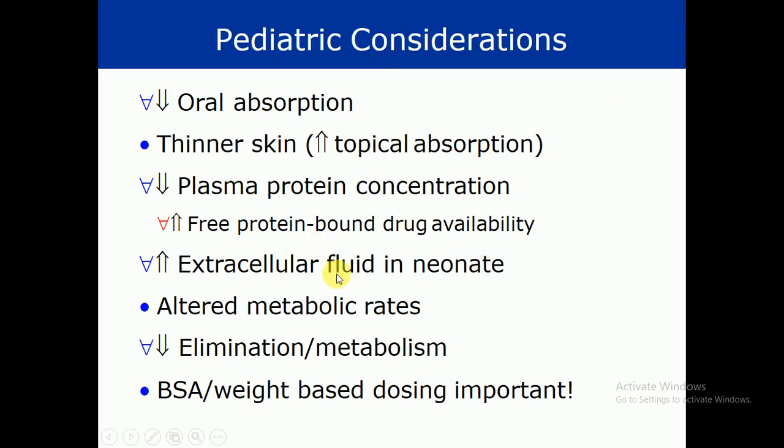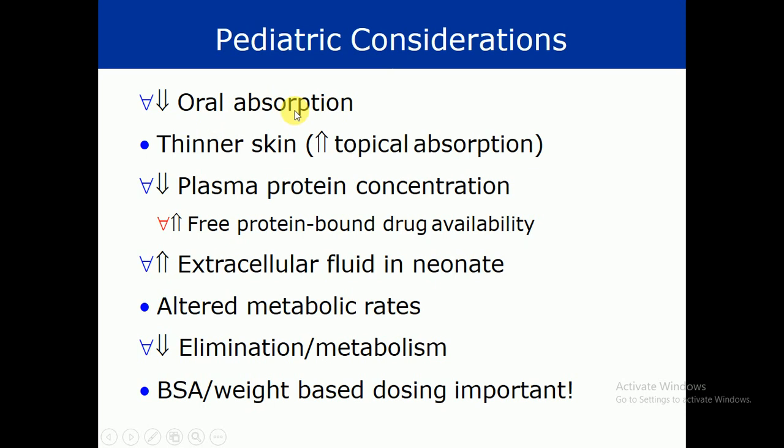These are the pediatric considerations: oral absorption increases or decreases, the skin is thinner and topical absorption increases, plasma protein concentration decreases, protein-bound drug availability changes, and there is extra fluid in neonates. This sign is used for decrease and this sign is used for increase.